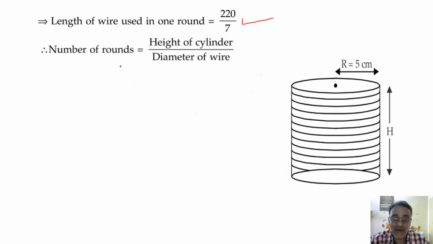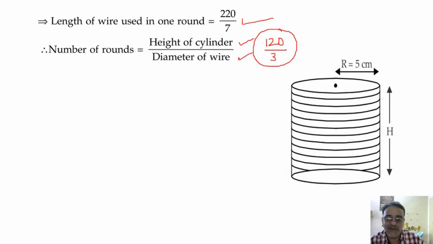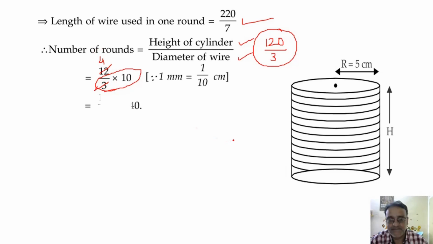Now the number of rounds is equal to the height of the cylinder divided by the diameter. The height of the cylinder is 120 millimeter and the diameter is 3 millimeter. We can use the unit millimeter directly, but we already converted into centimeter. So 12 upon 3 by 10, which becomes 10 by 3. Cancel this and we get 40 rounds.